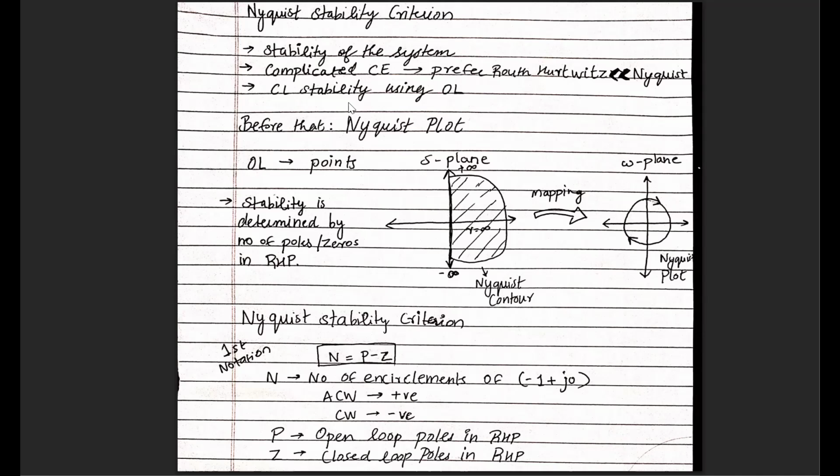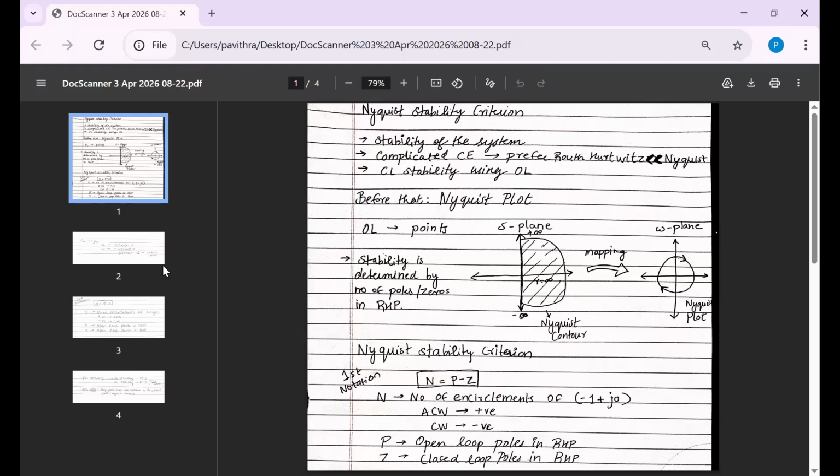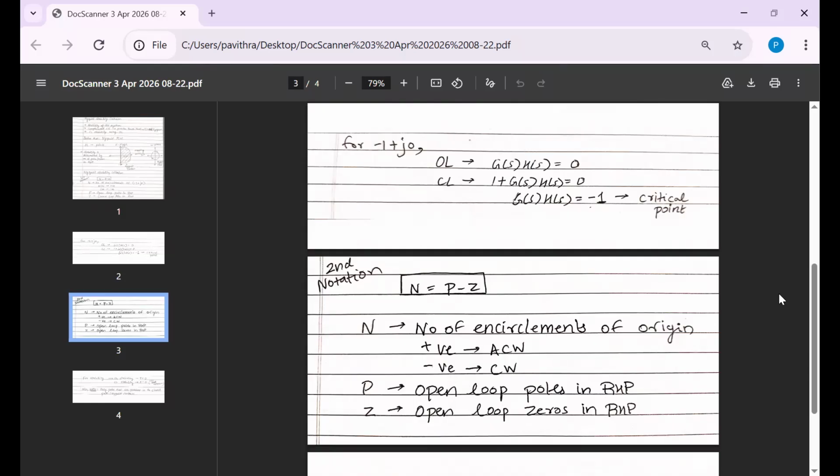Now, most of the times you will not have information about those things, which is very understandable. So I think we have to move to the next part, which is the open loop notation.